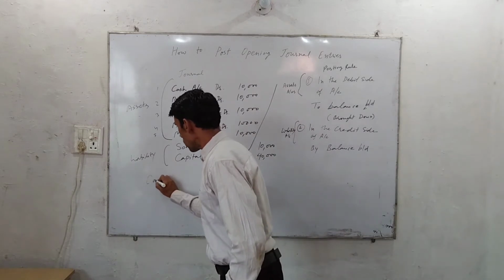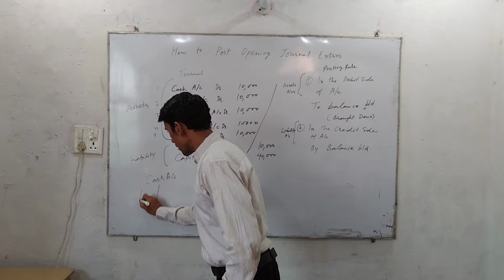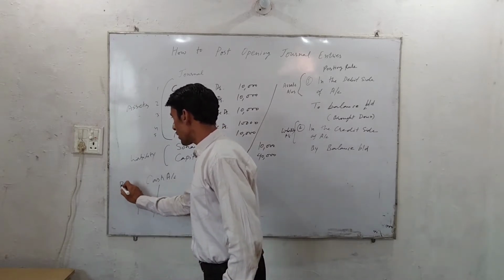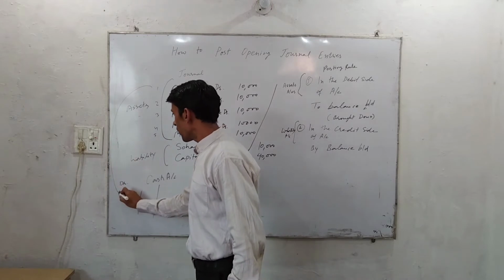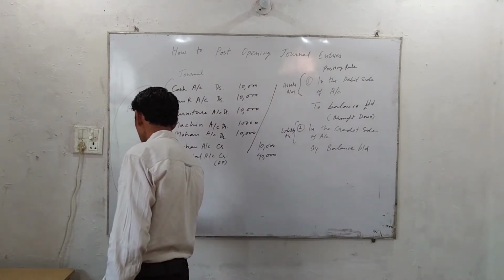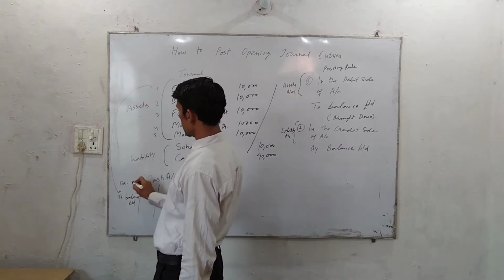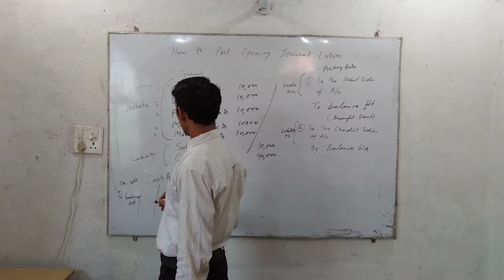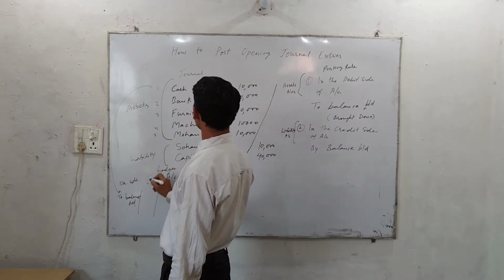This is a cash account. This is its debit side, and we write "To balance brought down". Okay, this is the debit side in the ledger account, 10,000.